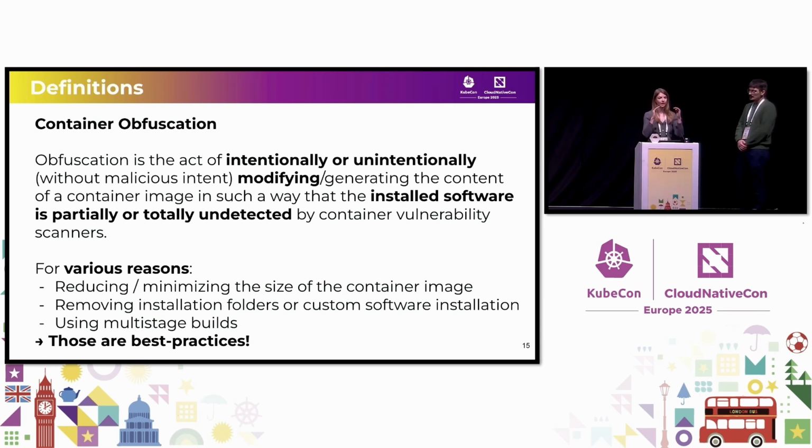So we have several intermediate base images in the container when we copy only some of the files, and we can miss important files to do the analysis. And those are actually best practices and good guidelines when we write the Dockerfile, but at the same time, they make the tools vulnerable to obfuscation and the container image obfuscated.